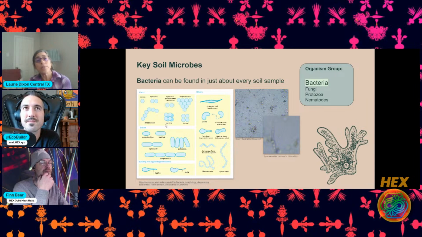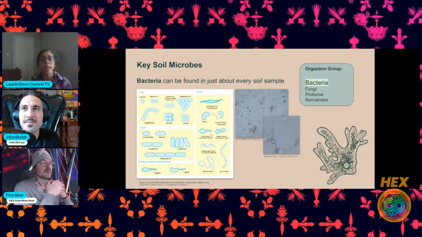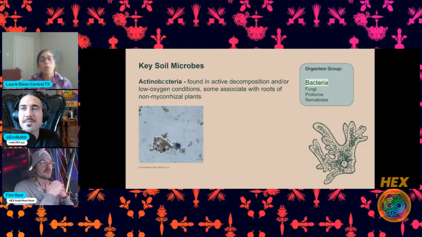Among the facultative, you have some that can only shift aerobic, and some that can only shift anaerobic. And then you have bacteria that indicate an anaerobic condition. If more oxygen comes into the environment, they die. So that's bacteria.